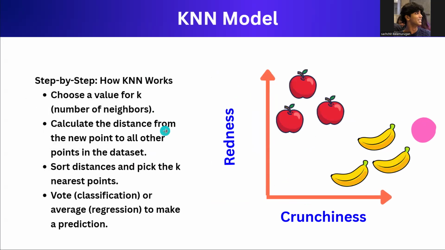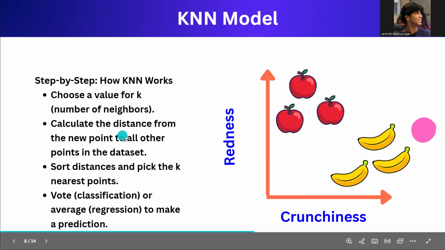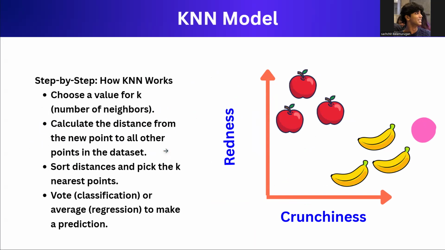All right. So there are 4 steps for the KNN. The first step is to choose a value for K, which is the number of neighbors. Basically, that means how many data points do you want to test? But I'll go more into that in a second. The second thing is we need to calculate the distance from the new point to all the other points in the data set.